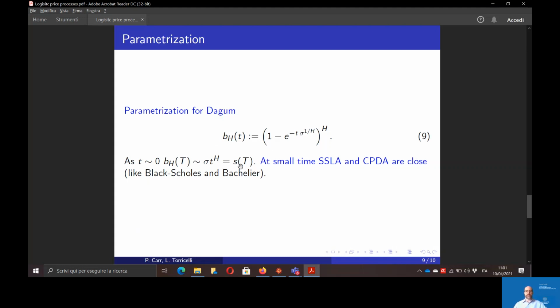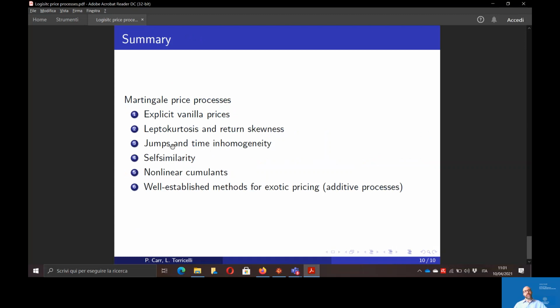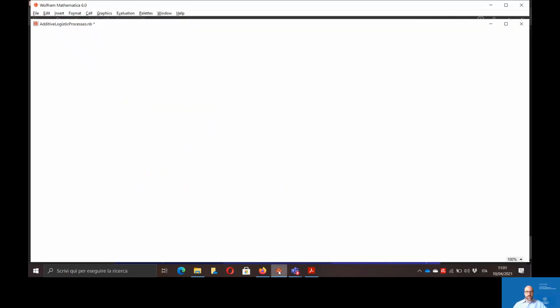If you do the Taylor expansion, you see that. Okay, so we have a model with all these good desirable properties, which supports some very simple pricing formulas, which is basically what we are starting from.